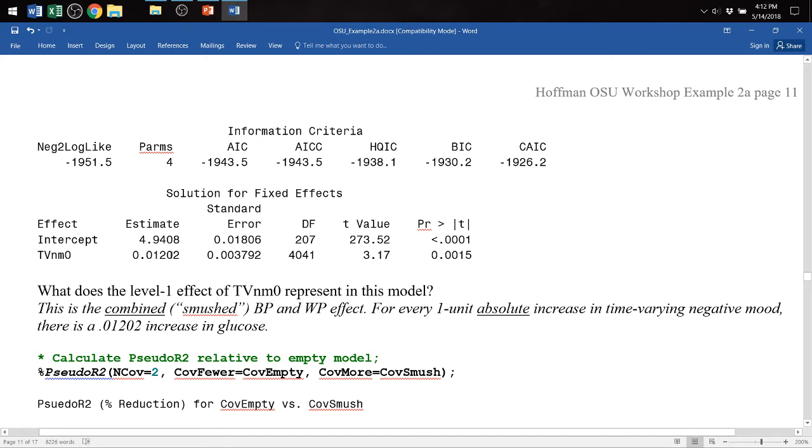The reason that this is wrong is because this model has only one effect to do the job of 2. It says the within effect is 0.01 and the between effect is 0.01. But we already know the between effect in this example is 0.08. So it's the level 2 model that suffers when you smush things, not the level 1 model.